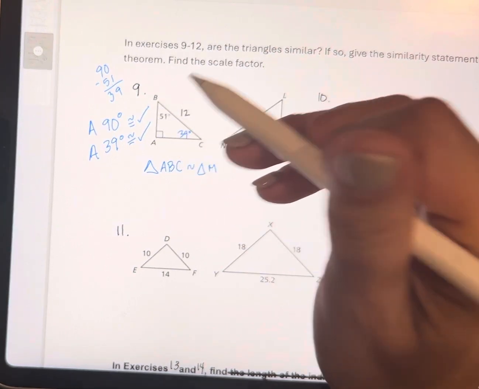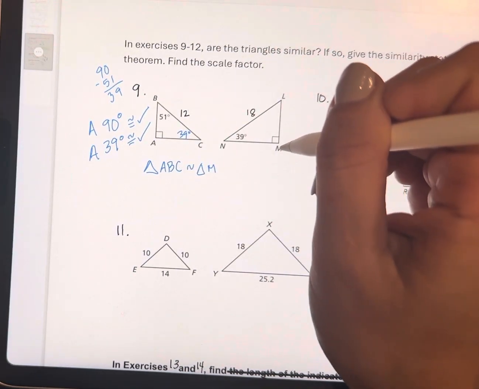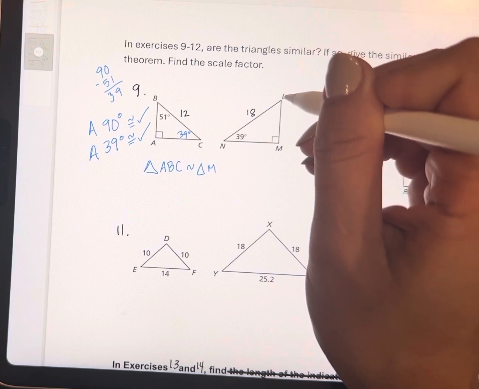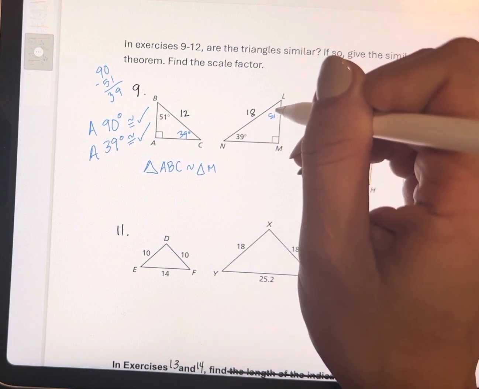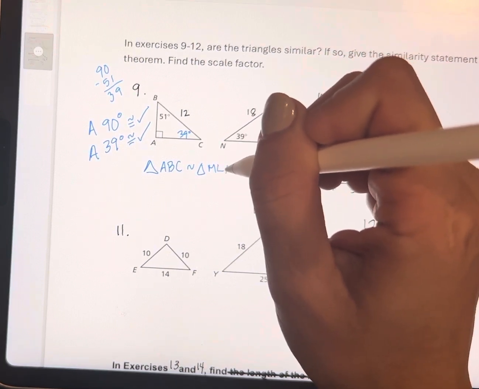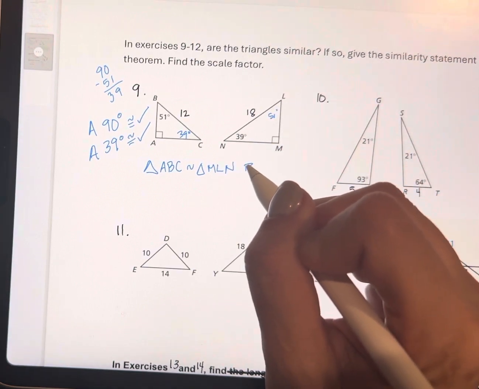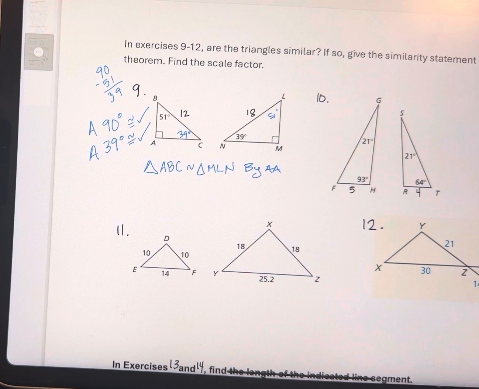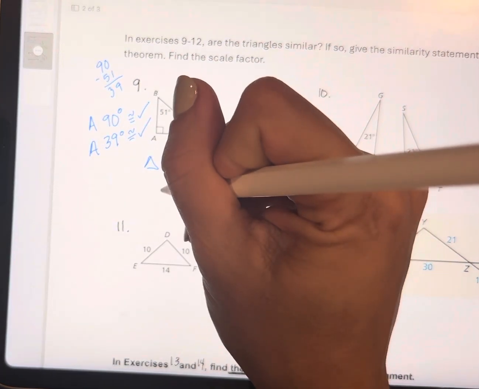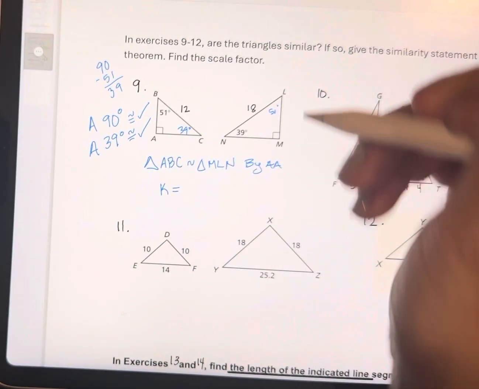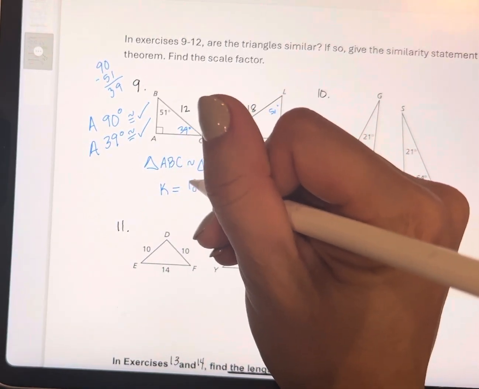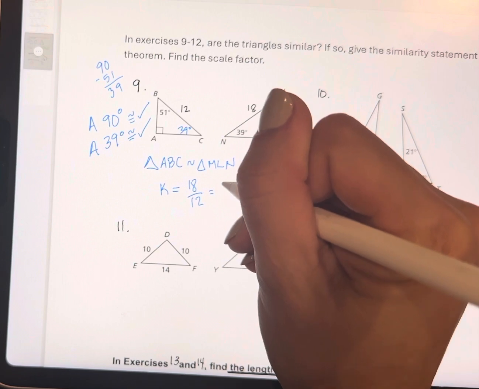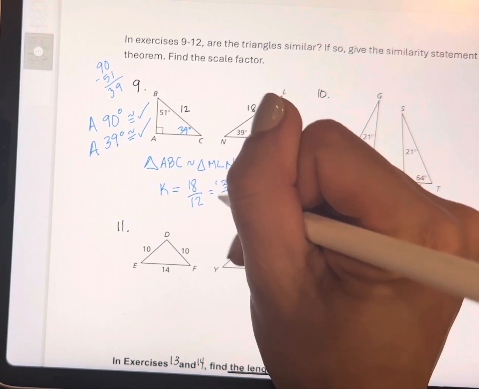And then from A, I went up to the 51-degree angle, so from M, I've got to go to L, which is where the 51 would be here. And then N is the only one left. This is by angle, angle. And what else do they want? Scale factor. The scale factor is 18 over 12, which will reduce to 3 over 2.